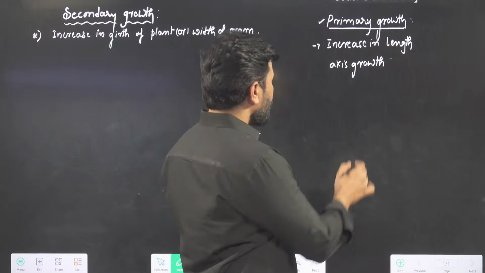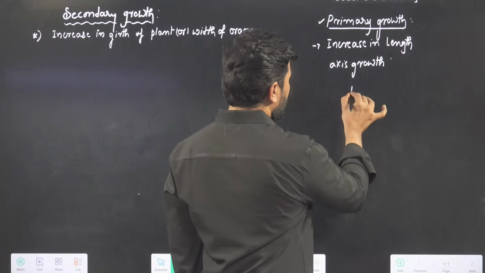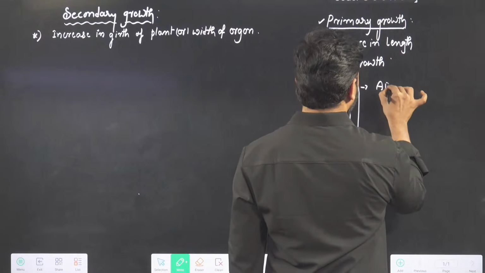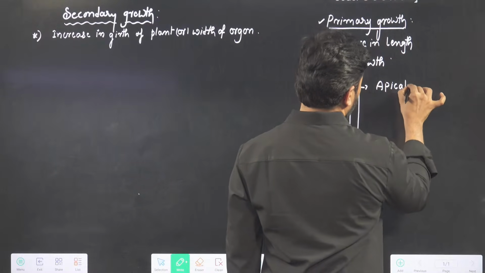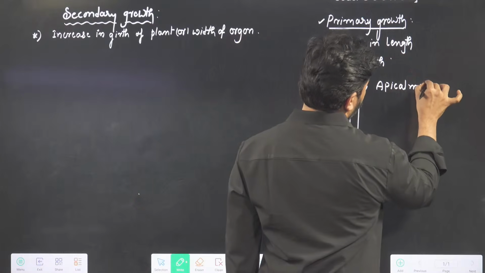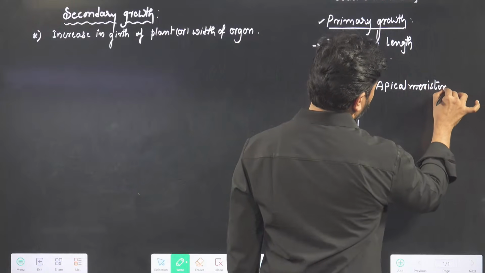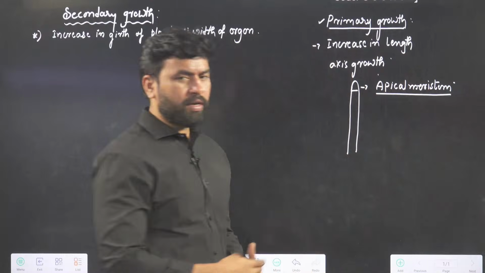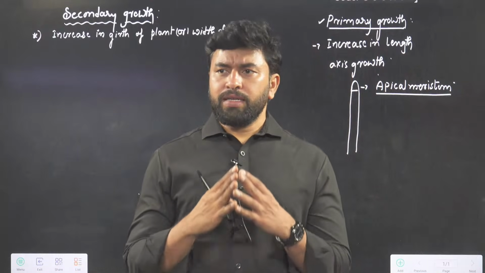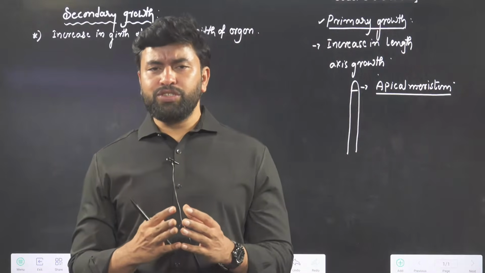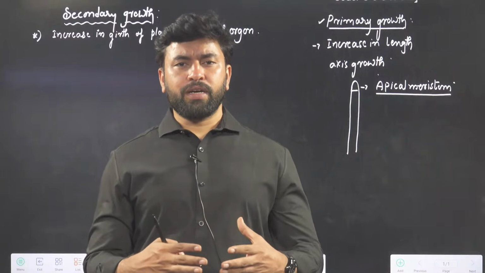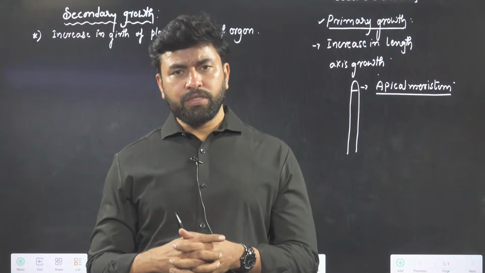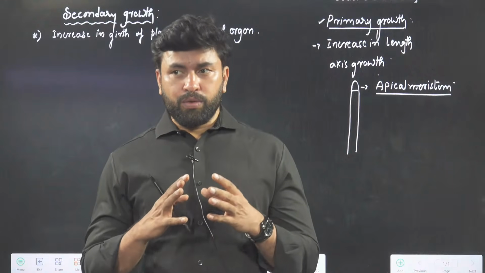Now, primary growth occurs due to apical meristem. So sometimes primary growth is also called apical growth. At the apical portion or apex region of the plant, this growth continuously occurs. That's the reason why primary growth is also called apical growth.